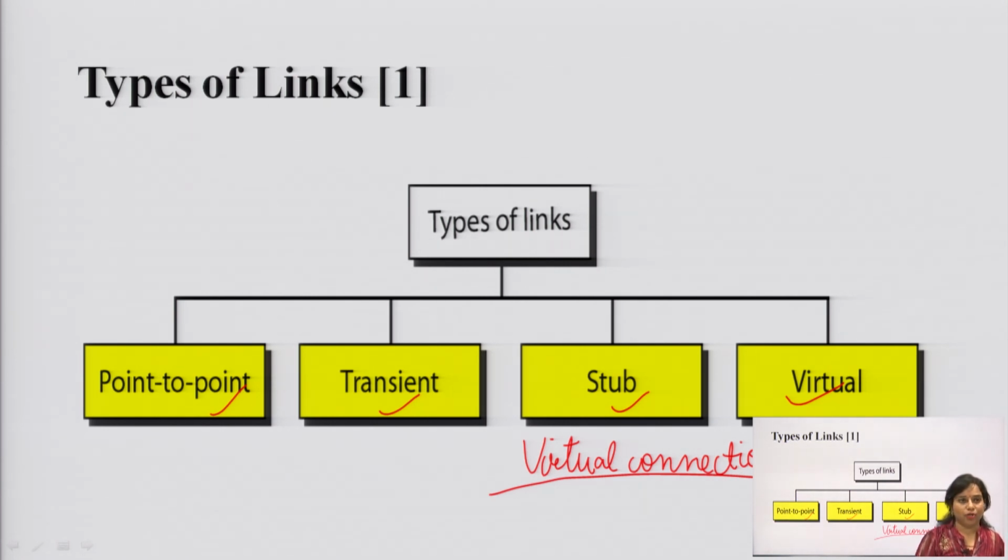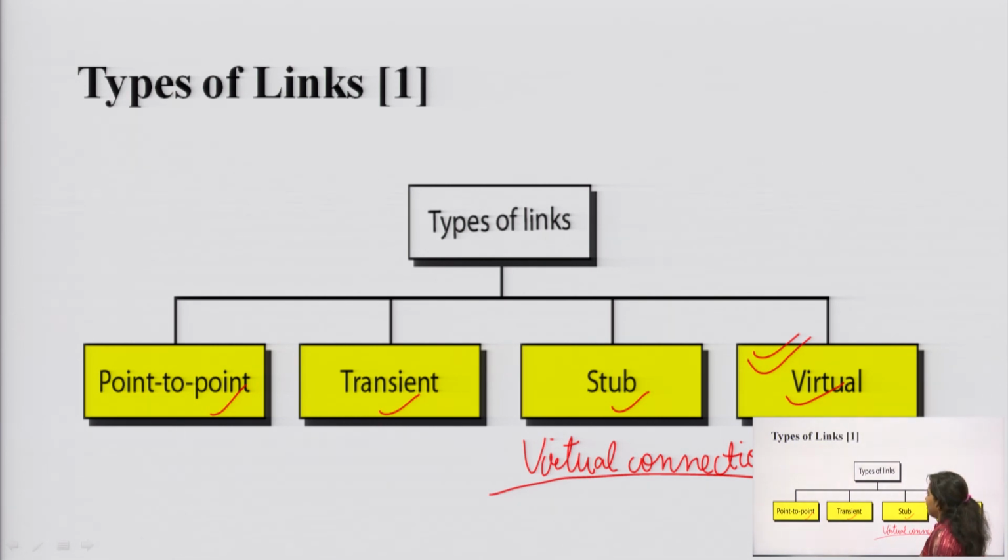So, at some point of time, let us say between A and C, the cost will be 5, and in the second case the cost will be 2. So, the second case will be considered, meaning the cost to connect between 2 paths is going to change every time. That is a virtual connection, meaning a permanent connection is not set up between the different nodes; it is going to change after a particular point of time. That is the fourth case.